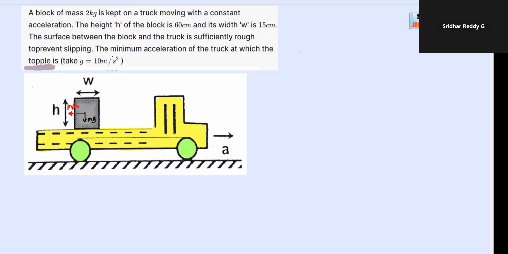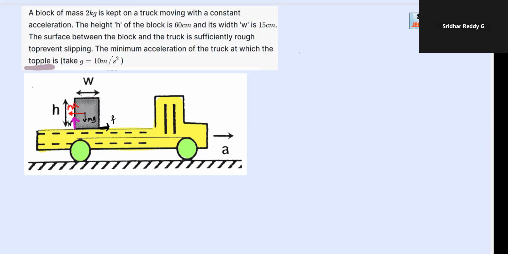Then about what point can it topple? It can topple about this point. Okay, fine. This will be the normal point, and the friction will act in this direction.